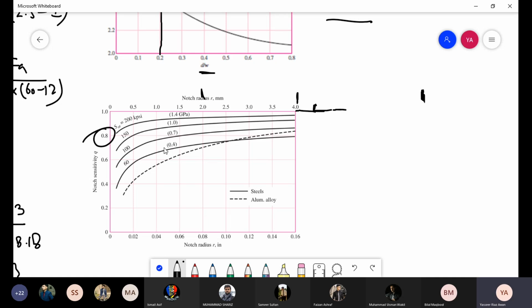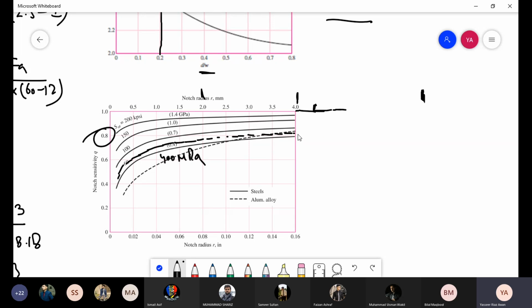Okay? So you can see that these lines are denoted in terms of gigapascal. So that means this 0.4 is basically 400 megapascal. Now our material, we were given 1018 steel, so this line is 700 megapascal, this is 400 megapascal, so 440 megapascal would be closer to this line but on the upper side.